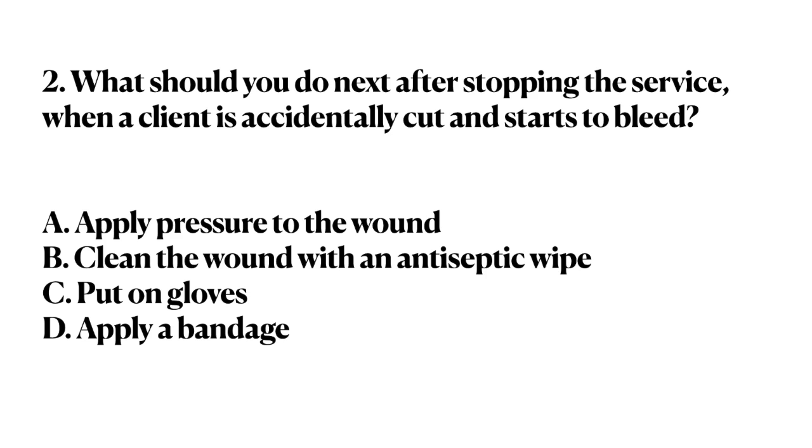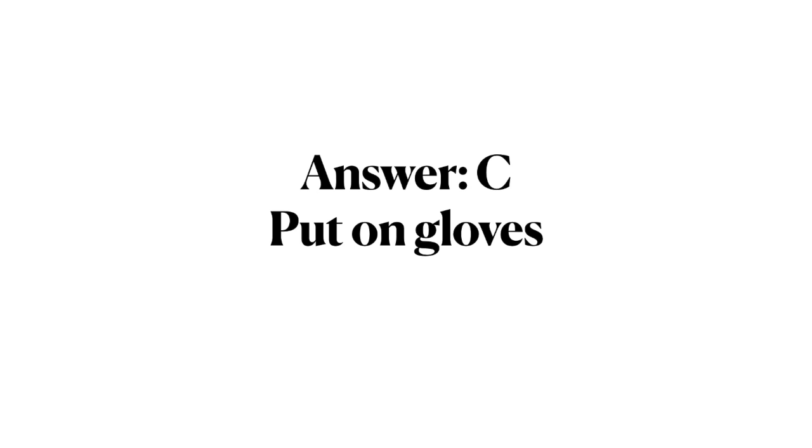What should you do next after stopping the service when a client is accidentally cut and starts to bleed? A. Apply pressure to the wound. B. Clean the wound with an antiseptic wipe. C. Put on gloves. D. Apply a Band-Aid. Answer C. Put on gloves.